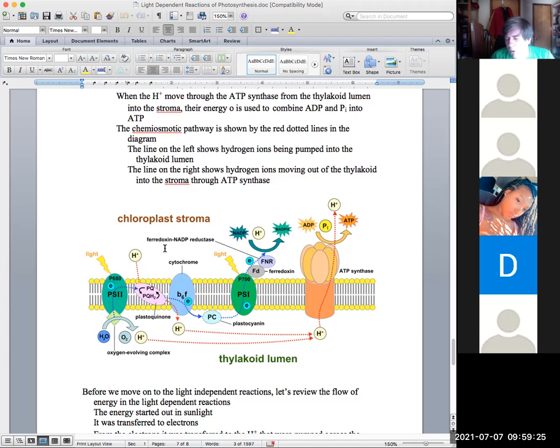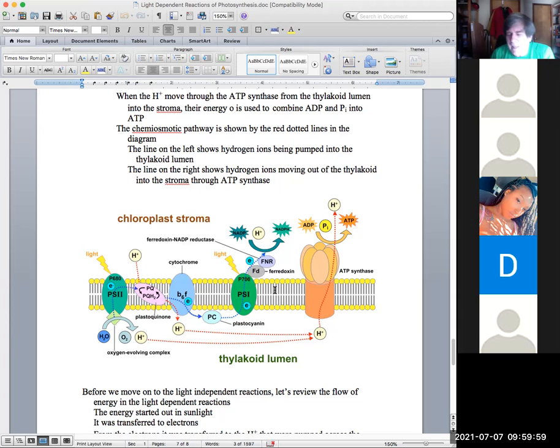So in other words, there's a high concentration in the lumen, there's a low concentration out in the stroma. Well, what do we know about what happens when you have a high concentration next to a low concentration? Diffusion. Things move from where they're at a high concentration to a low concentration. So these hydrogen ions desperately need to get back out to the stroma. They need to equalize the concentrations. But there's a problem. If we look at this membrane, notice here's our two layers of phospholipids again, with the hydrophobic ends pointing out, the hydrophilic ends pointing into the middle.